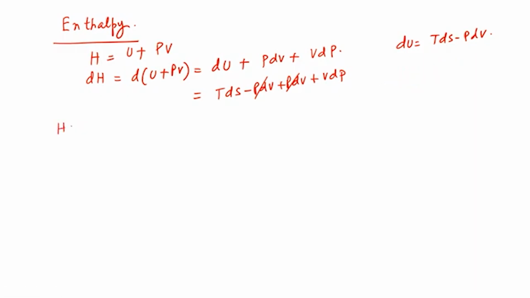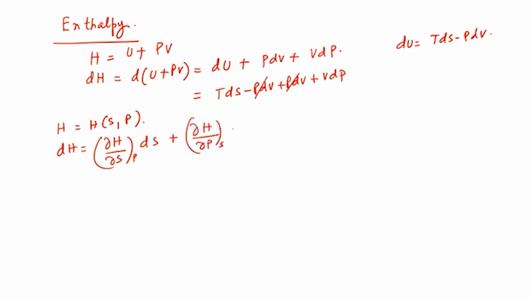H is a function of S and P, and once again you can do a dH, which is equal to del H del S at constant P dS plus del H del P at constant S dP.